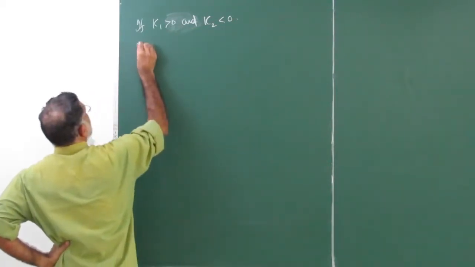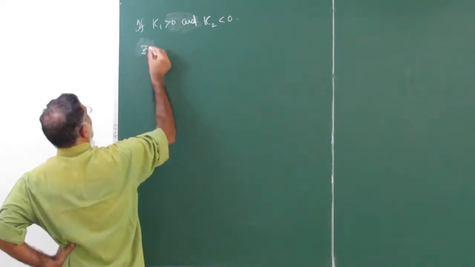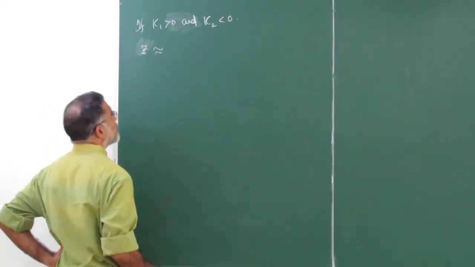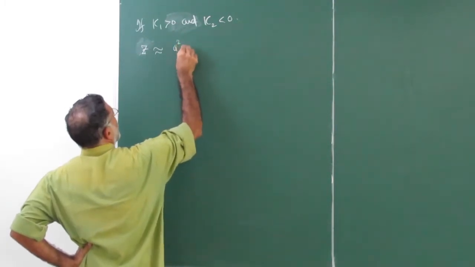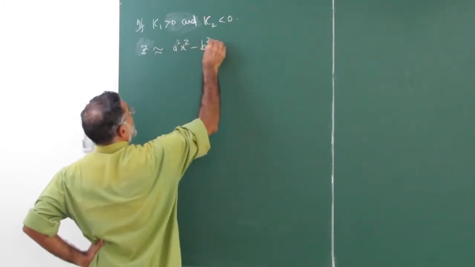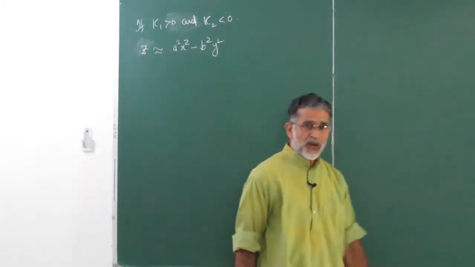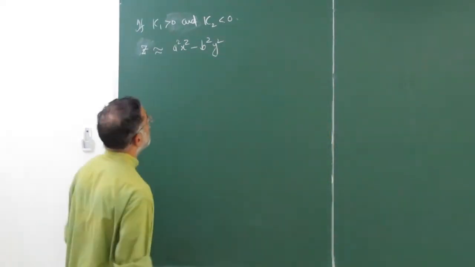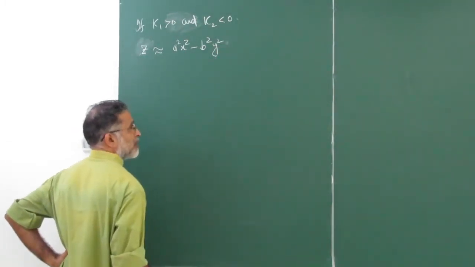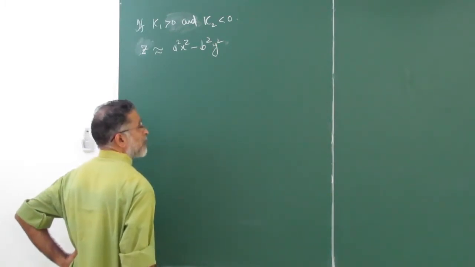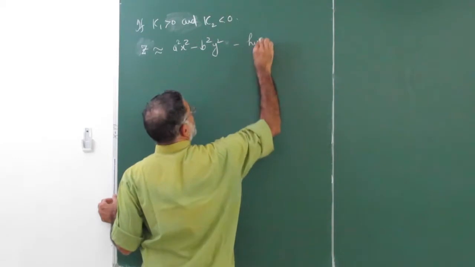So z is approximately equal to something like a square x square minus b square y square. So that is roughly the graph of this function. That's roughly a hyperbolic paraboloid.